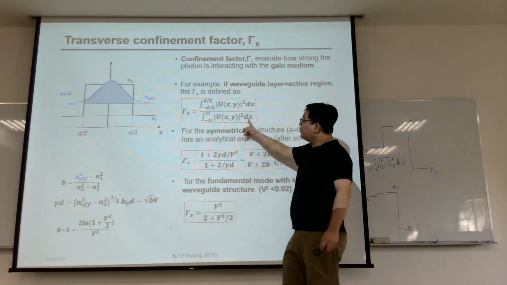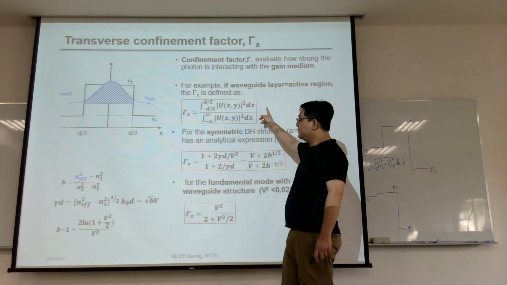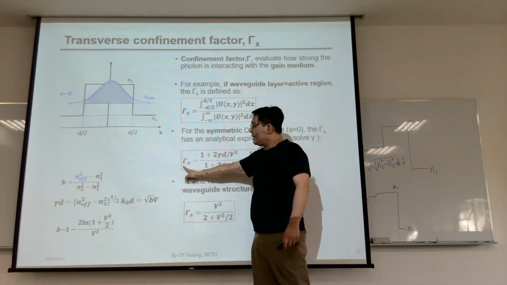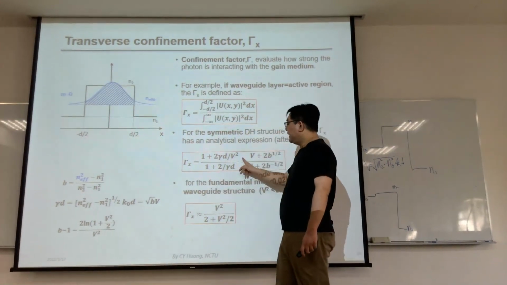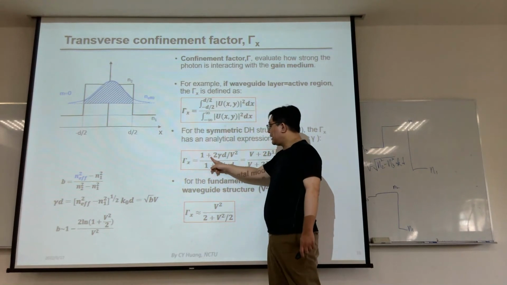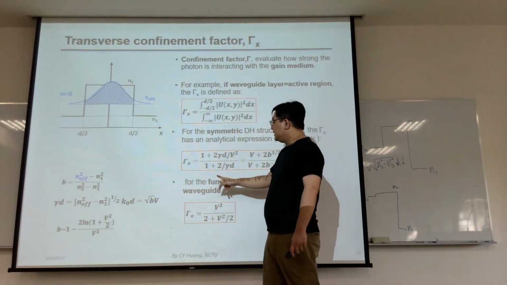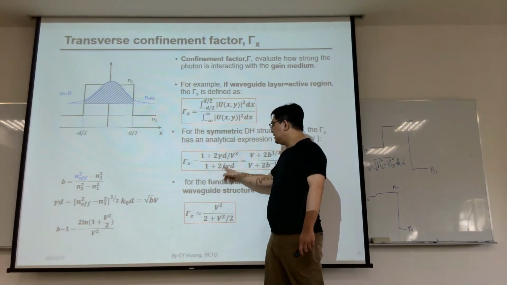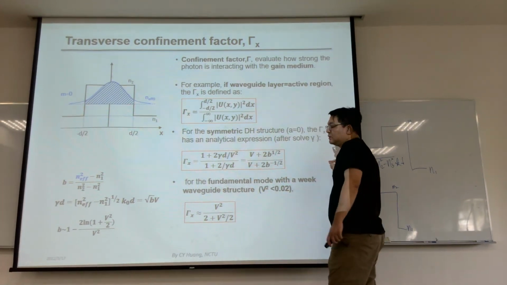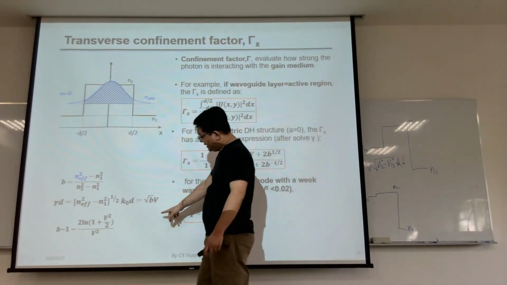After doing some basic integration, you will see gamma X can be evaluated as 1 plus 2 gamma D divided by V squared, divided by 1 plus 2 divided by gamma D. What is gamma?